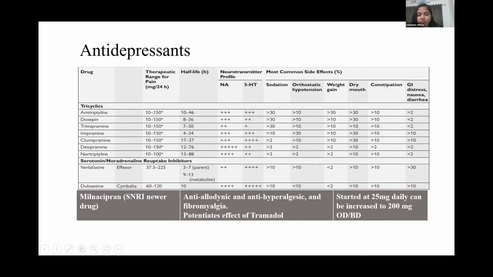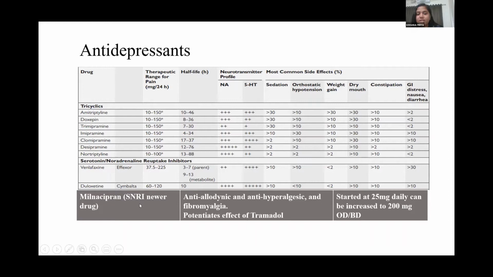The other group of drugs is SNRIs, serotonin and norepinephrine reuptake inhibitors. The drugs included are venlafaxine and duloxetine. The therapeutic range is 37.5 to 225 milligrams for venlafaxine and 60 to 120 milligrams for duloxetine. Compared to tricyclic antidepressants, sedation, orthostatic hypotension, and weight gain are comparatively less with SNRIs, but GI distress is very high.